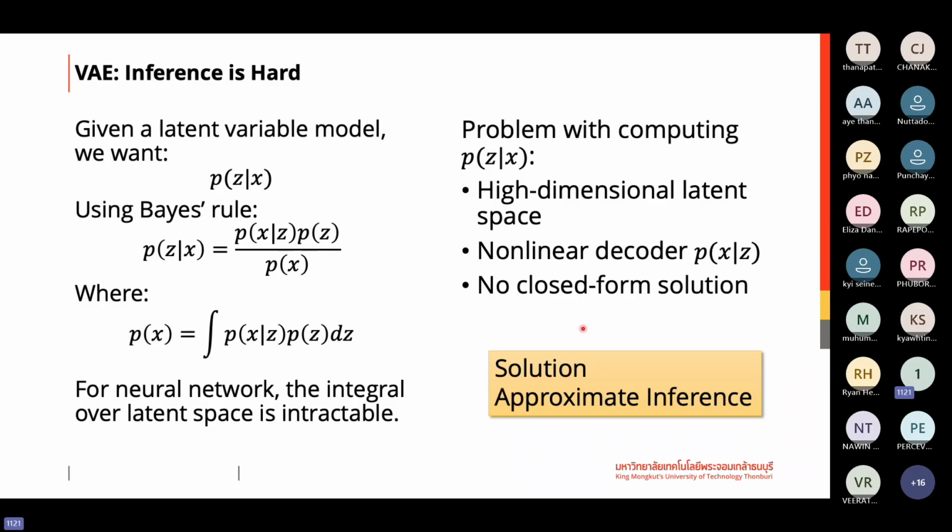Here as well, inference means you want to convert, say, a bunch of images to mean and standard deviation vectors. How would you do that? It's quite complicated. So here, given a latent variable model, what we want would be P(z|x).